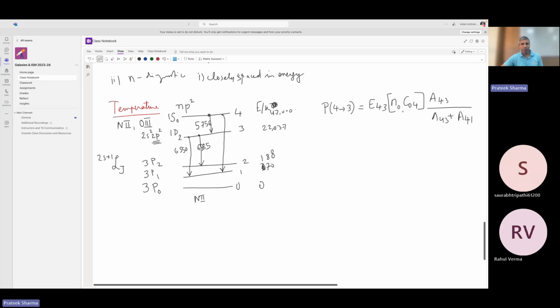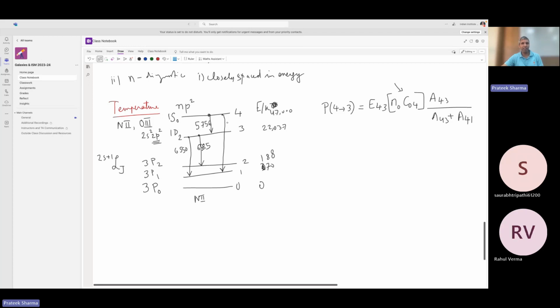Assume that all the N2 is in this zero state. Then you have collisions. You will have collisional excitation from 0 to the 4th level. This is the rate, this is the number density, and this is the rate coefficient. So this is the collisional excitation rate.